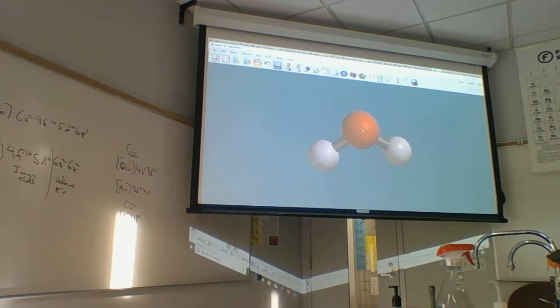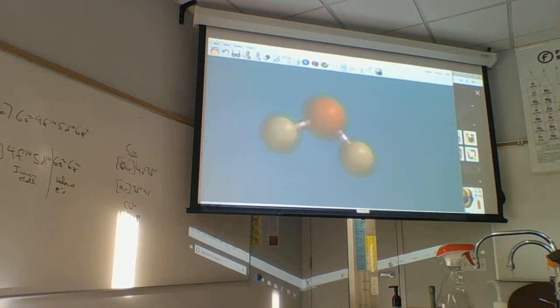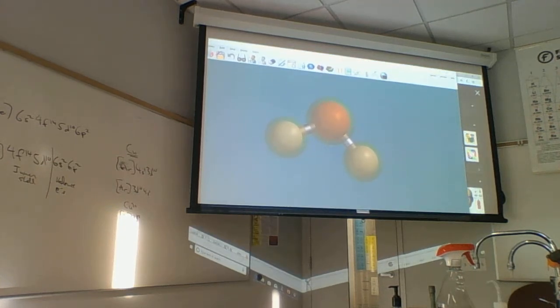Now, in fact this should show the angles too. And we can get the angles from this. Measure angle. Do you see the angle here? I guess you can't see the angle there because the screen is cut off. I'll show you the angle.